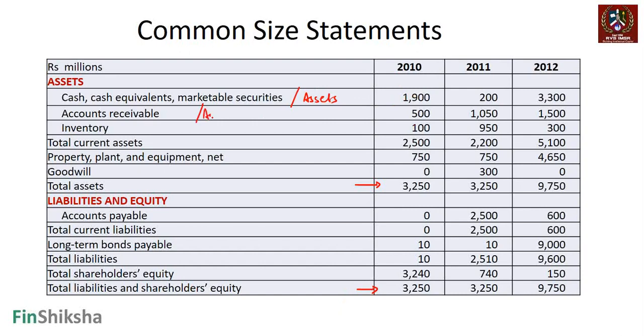Similarly here, I have to divide each of these numbers by the total liability number of that year. So 1900 gets divided by 3250, and then 500 gets divided by 3250, and then 2500 gets divided by 3250, and so on and so forth.